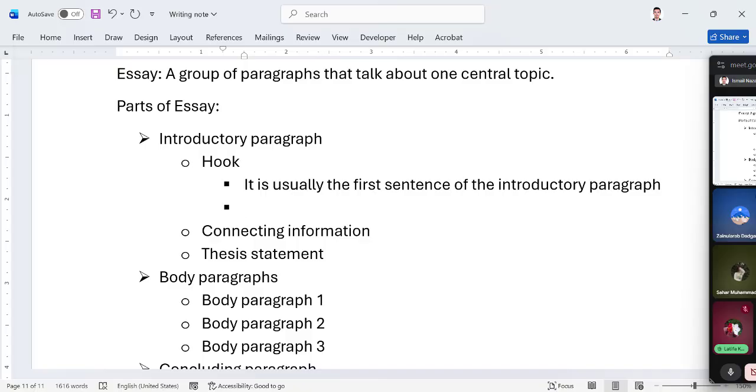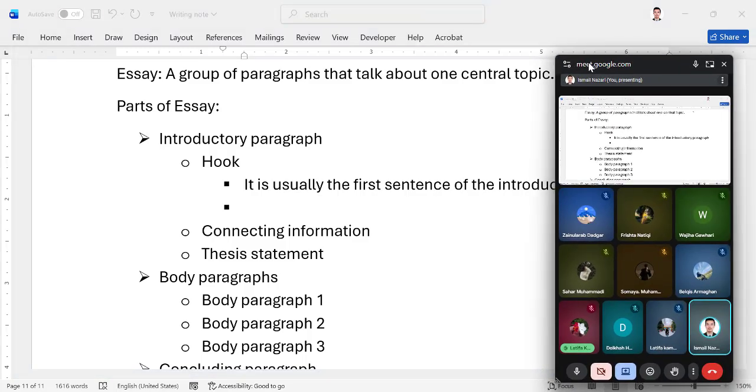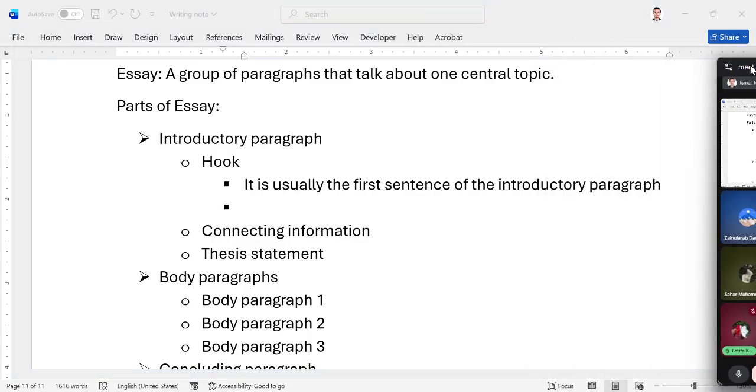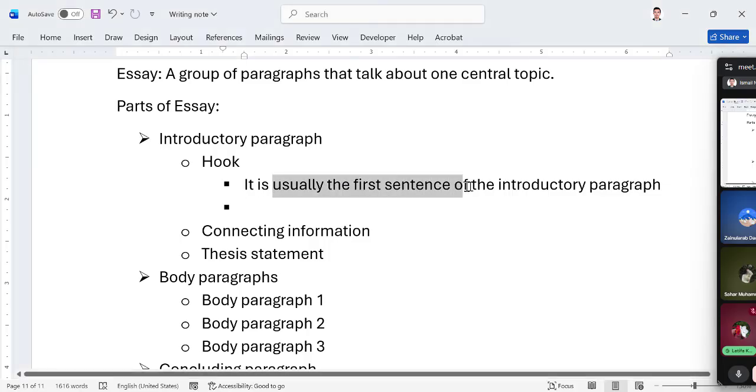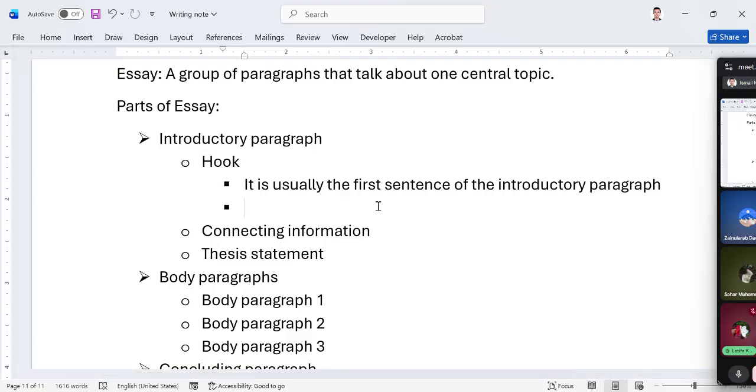The first sentence. Now, the next thing is, why do we have the hook? What is the function of the hook? The first sentence of the introductory paragraph is what we call the hook. The purpose of the hook is to attract the reader's attention.